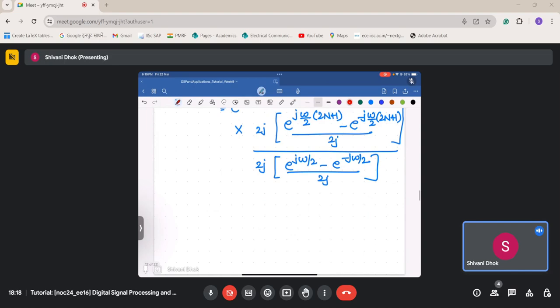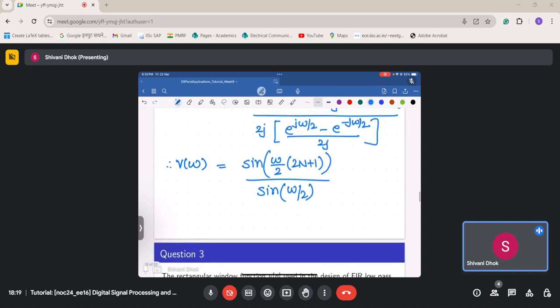So we are left with sine of omega by 2 into (2N plus 1) divided by sine of omega by 2. So this is V of omega when omega is not equal to 0.